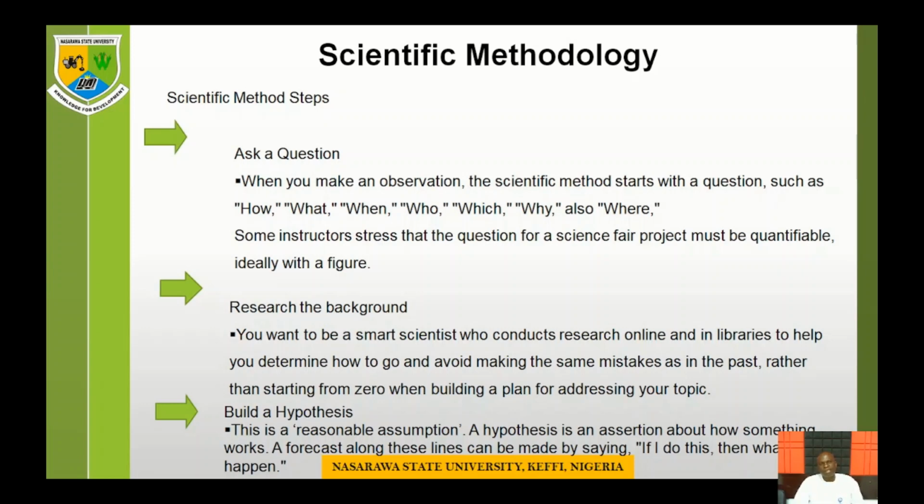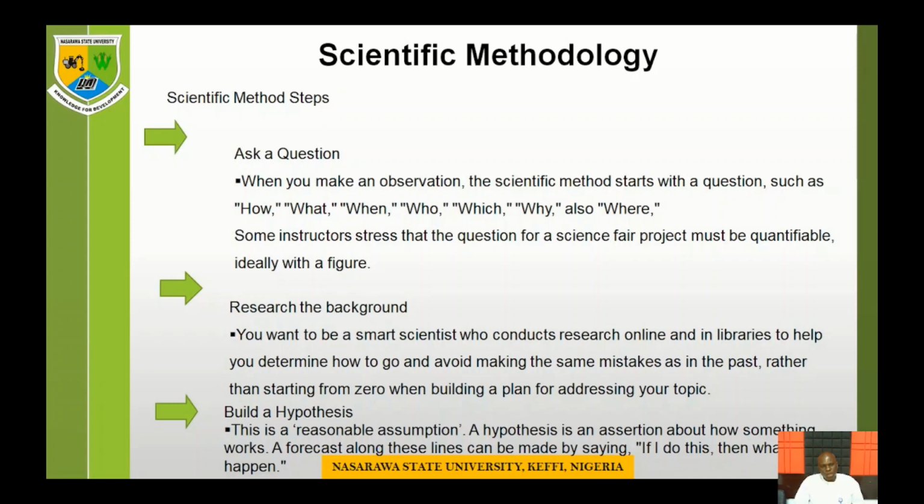But in sciences, some of these steps are taken, procedures are taken scientifically. That's a step-by-step approach, so that anybody anywhere can apply that, and then he will get a similar result, provided all conditions are the same.